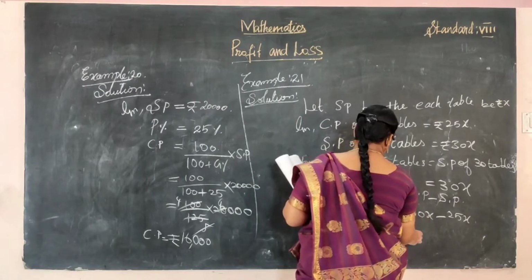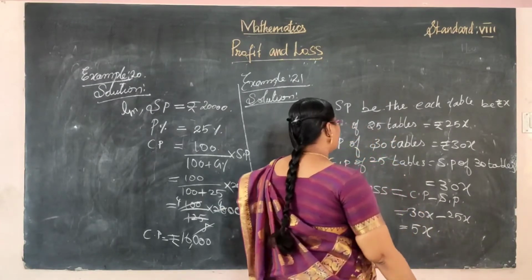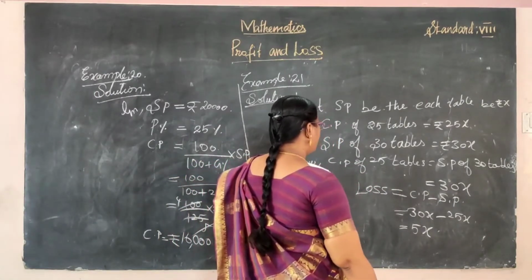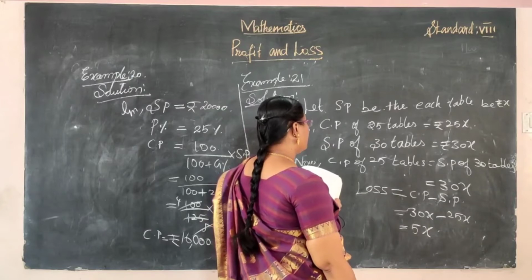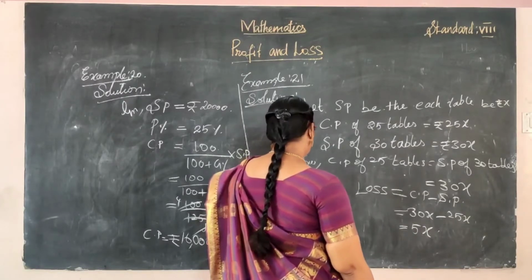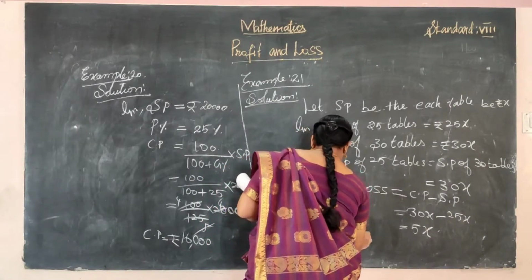The difference is 5x. So we compare: loss is equal to cost price minus selling price, which is 5x.